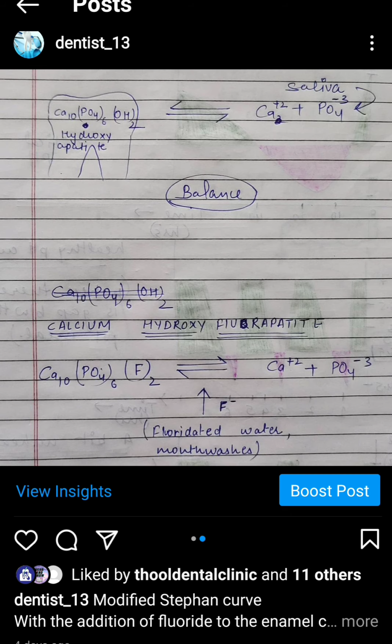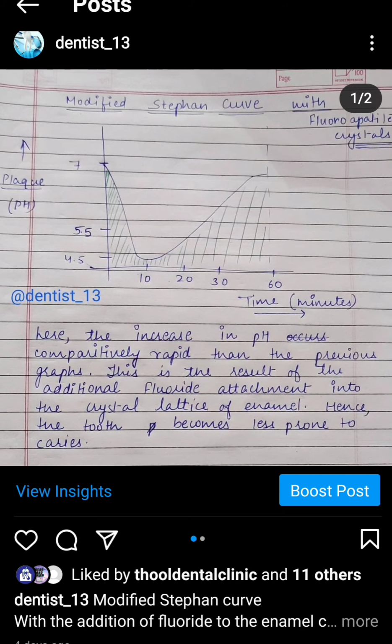The benefit which we get after replacing the enamel's normal crystalline structure, which is hydroxyapatite crystal, with the hydroxyfluoroapatite crystal, is that it will not take the enamel into a vulnerable position, because the fluoroapatite crystals are more resistant to this 4.5 pH, which normally occurs after meals.